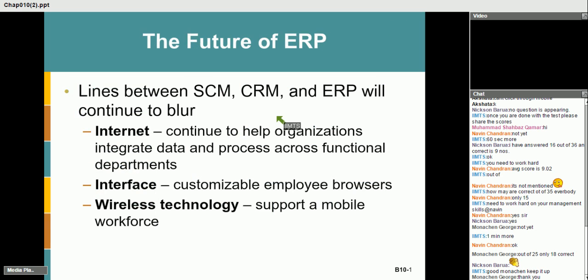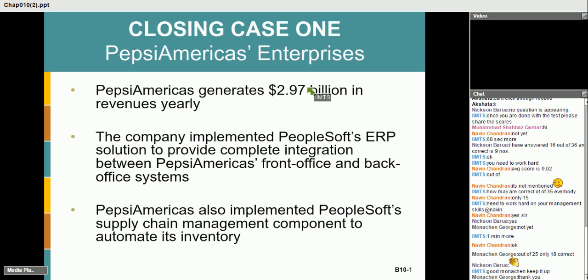What is the future of ERP? It links supply chain management, customer relationship management, and ERP. Then the Internet will continue to help organizations integrate data and processes across functional departments. It customizes employee browsers, and it supports a mobile workforce as well. So this is the future of ERP.